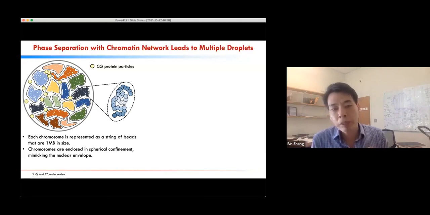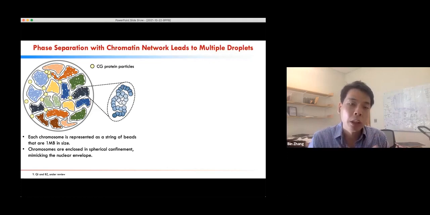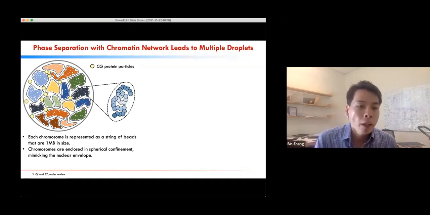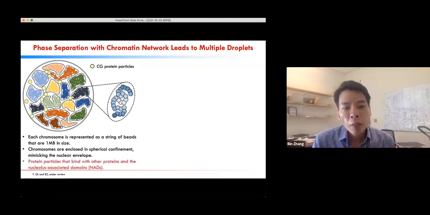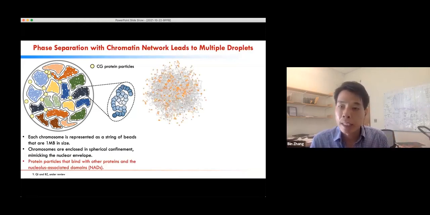And we make sure that the concentration, the size, and the interaction with the chromatin of these particles match those of the nucleolar proteins. These particles have attractive interaction with each other to promote phase separation. They also interact with the specific region of chromatin favorably. Basically, after introducing these particles, we can perform dynamical simulation of phase separation in the nucleus.